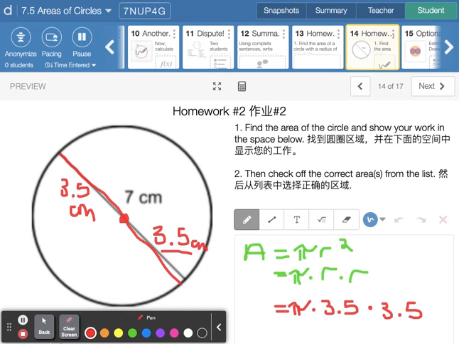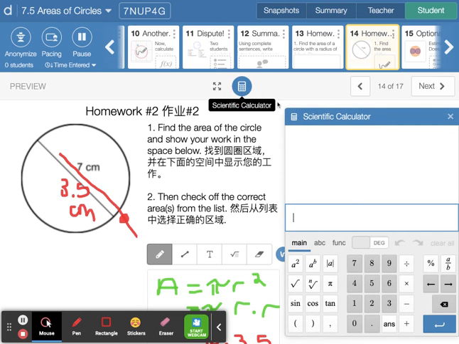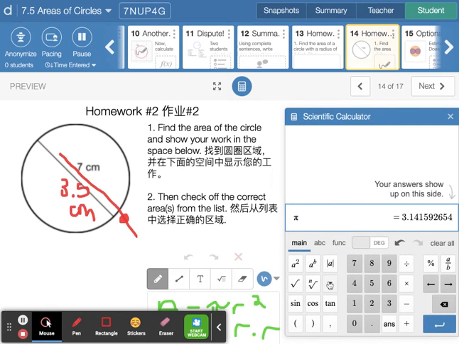I'm going to do that in one long equation in my calculator. So I can click my little calculator button right here, and I'm going to say pi times 3.5 times 3.5 equals 38.49 or 38.485, however you want to round it.